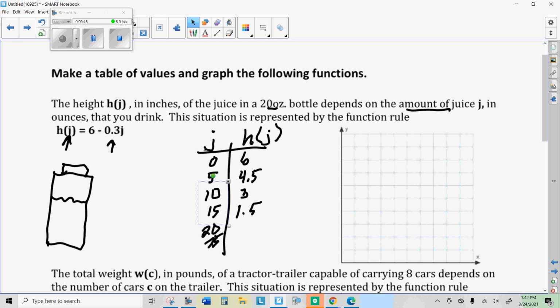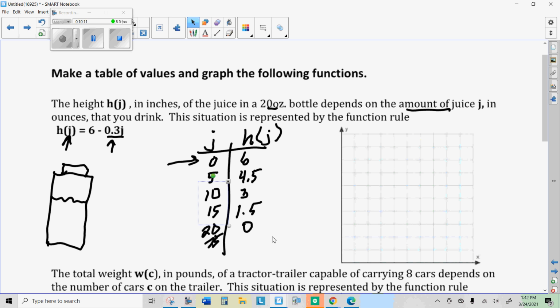I'm just multiplying 0.3 times my j values, and then subtracting that from 6. And we find that when we get to 20 ounces, we're down to 0. So we just figured out that it takes us down to 0 when we have an input of 20 ounces.